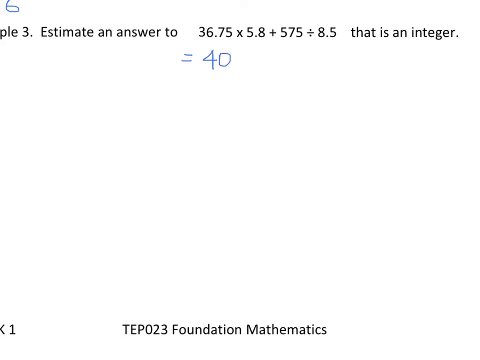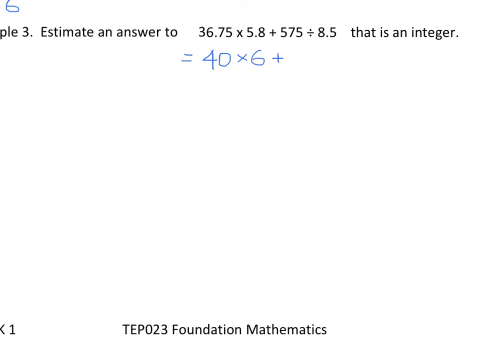Now I've got a couple of choices with 5.8. I can round it off to the nearest 5, so that's either 5 or 10, or to the nearest whole number. I'd probably round that one off to the nearest whole number, so round it off to 6. 575.